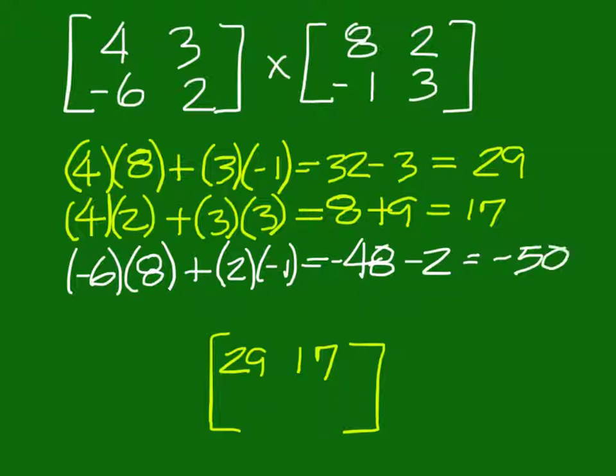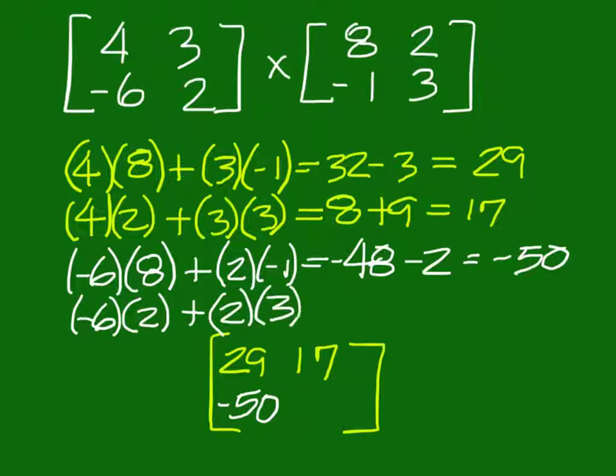That's a negative 50, which would go here. Are you still good? All right. And then to finish it off, we're going to do this row and this column. So that would be negative 6 times 2 plus 2 times 3. Negative 12 plus 6 is negative 6.